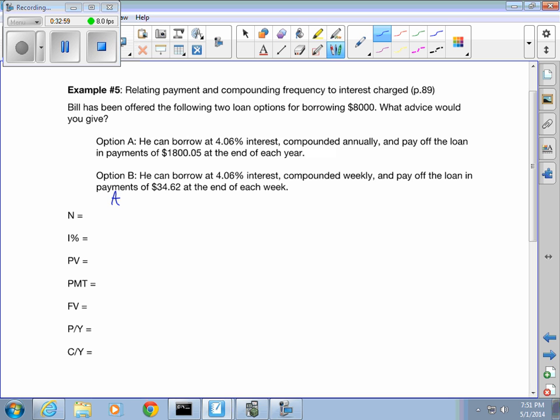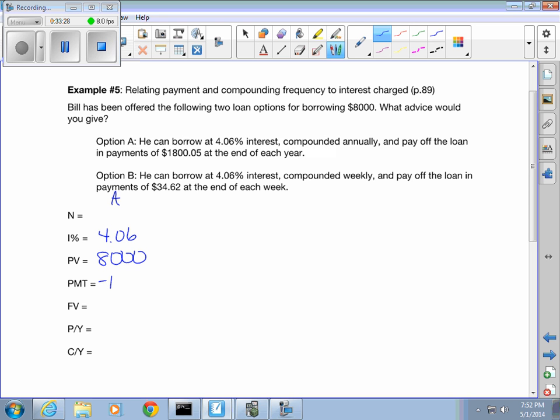Our N then is where, does it say how long? Or that's what we're trying to find, sorry. Okay, so his interest rate is 4.06%. Present value, he's given $8,000.